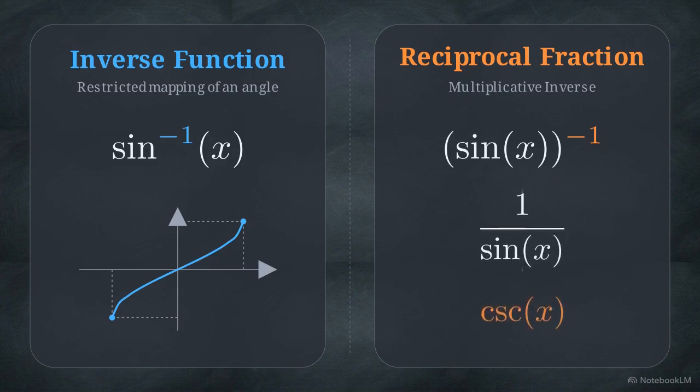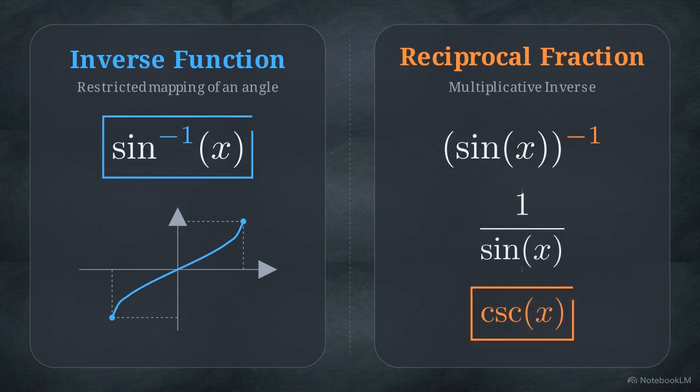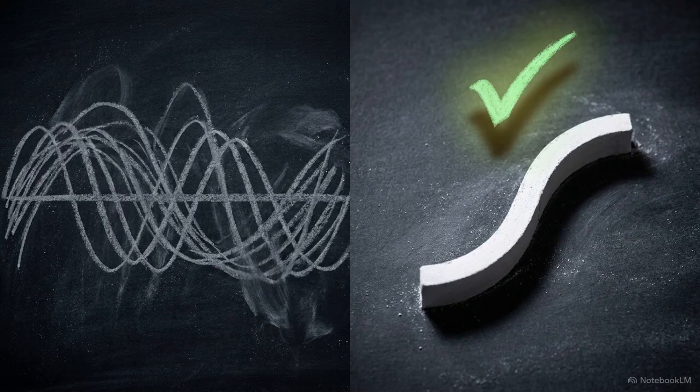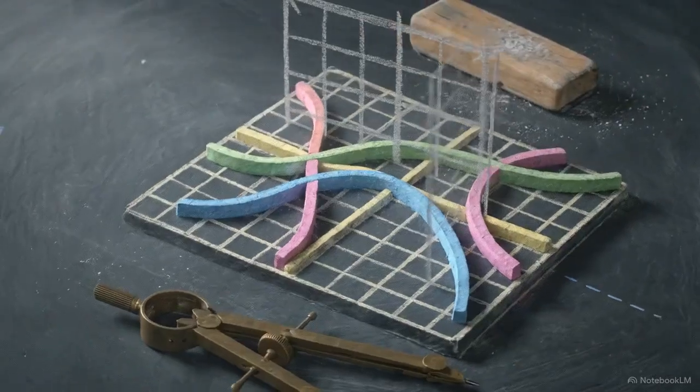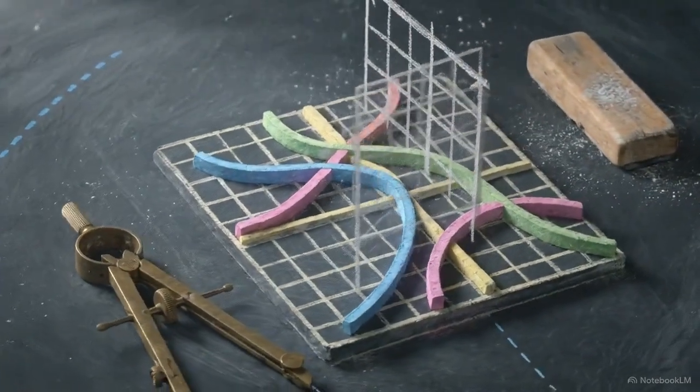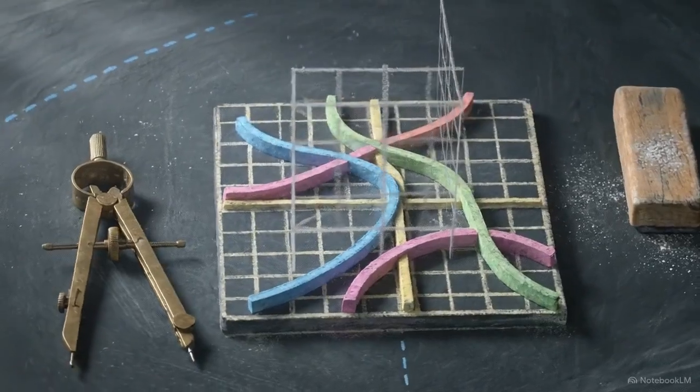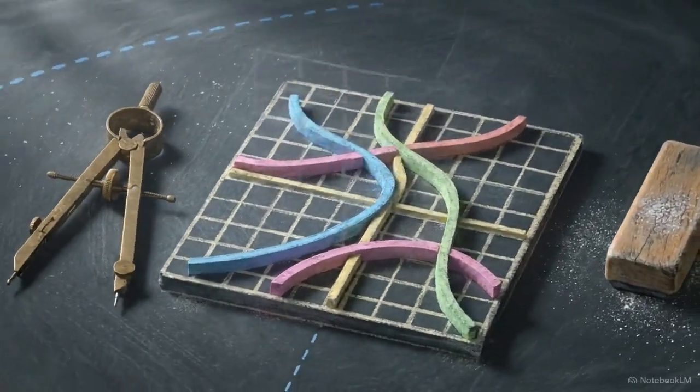That is just 1 over sine of x, which is simply cosecant. Standard mathematical practice dictates that when evaluating an inverse function without a specifically requested branch, we universally default to the principal value branch. By bending infinite periodic waves into these precise, bounded tools, we create the structural foundations required for advanced calculus.